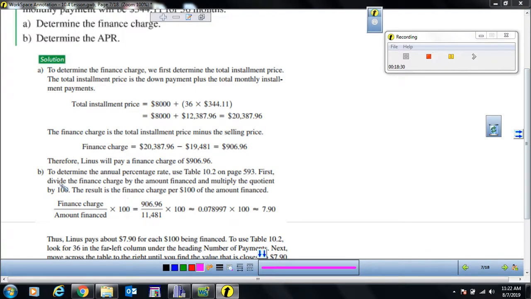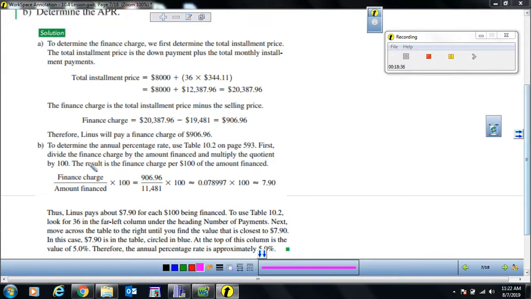For letter B, we have to find the APR. So to determine the annual percentage rate, we're going to use table 10.2, it says on page 593 of the textbook, but it's basically the table that I already showed you right now. First, divide the finance charge by the amount financed and multiply the quotient by 100.